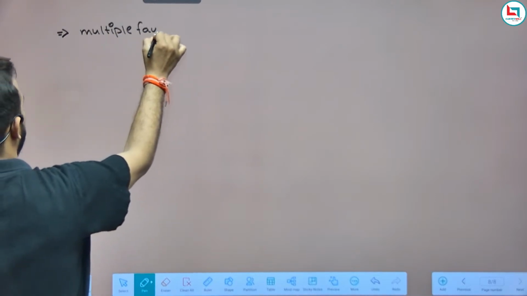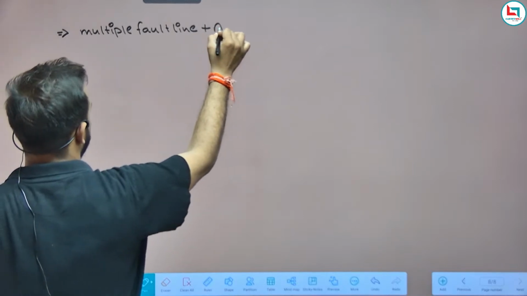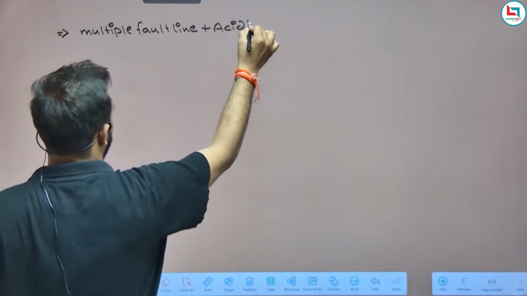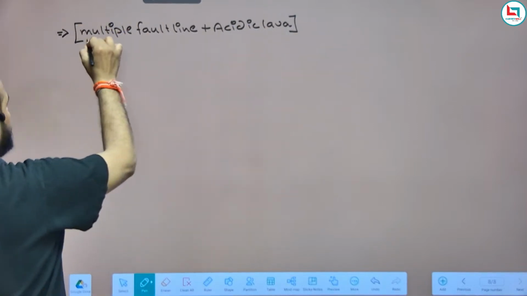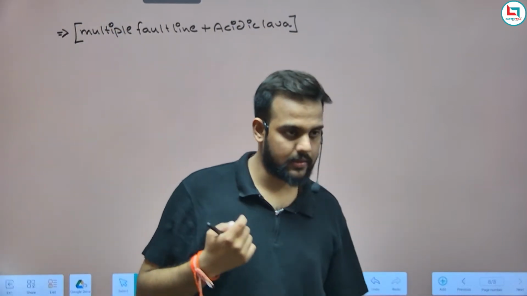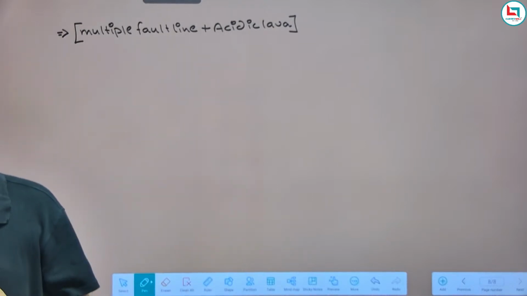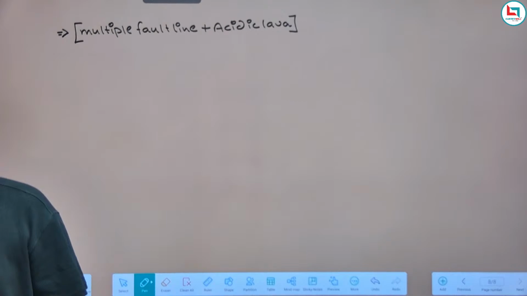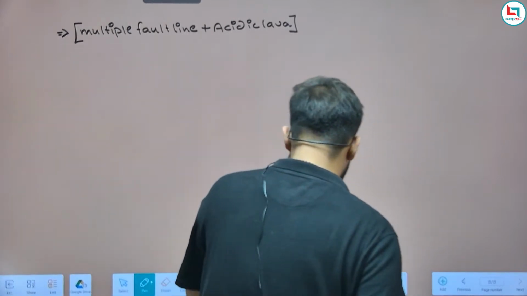Multiple fault line plus acidic lava. From this particular case, we will get the formation of volcanic range or the lava plateau. These two conditions are formed from this particular condition.